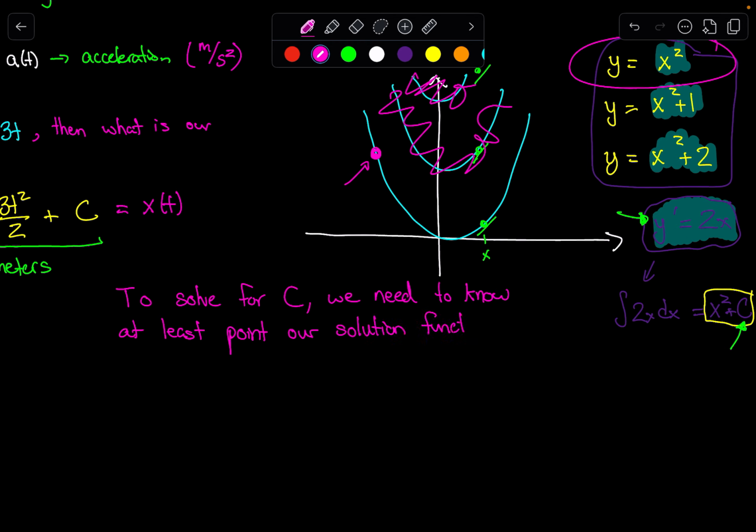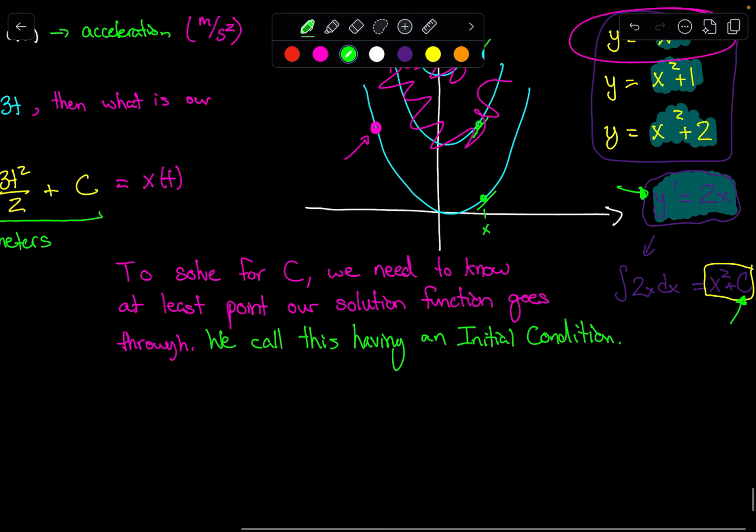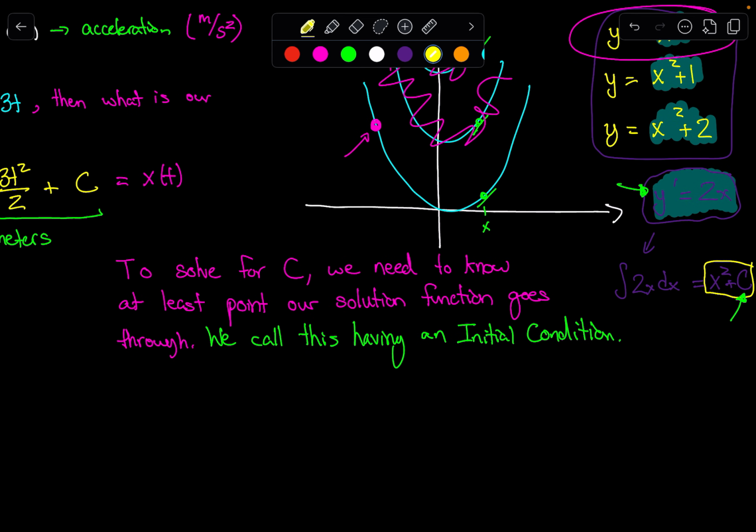We usually give this a special name: having an initial condition, as you might hear called in the textbook. But even though this all sounds really kind of crazy, let me paint a better picture for you. Let's go back and use the example.